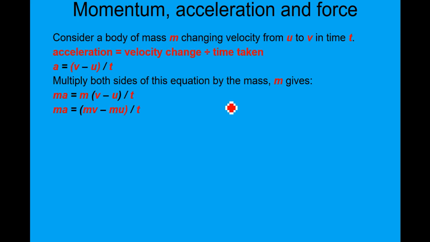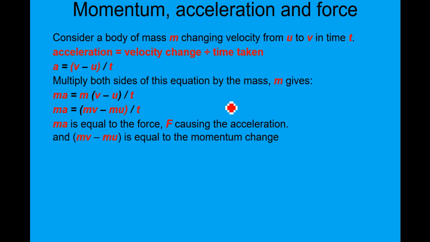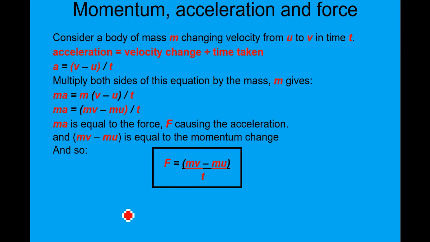So ma equals mv minus mu by t. ma is the force, so we can write force equals mv minus mu by t. That means force equals change in momentum divided by time taken.